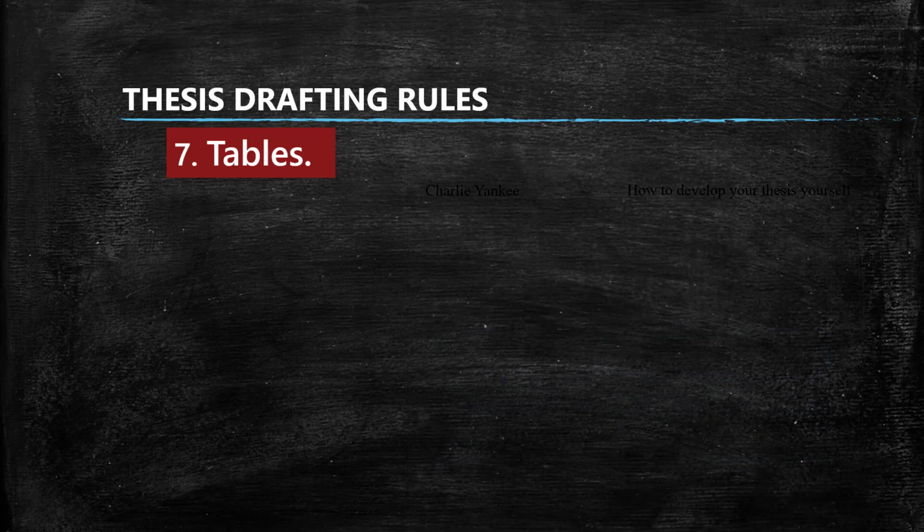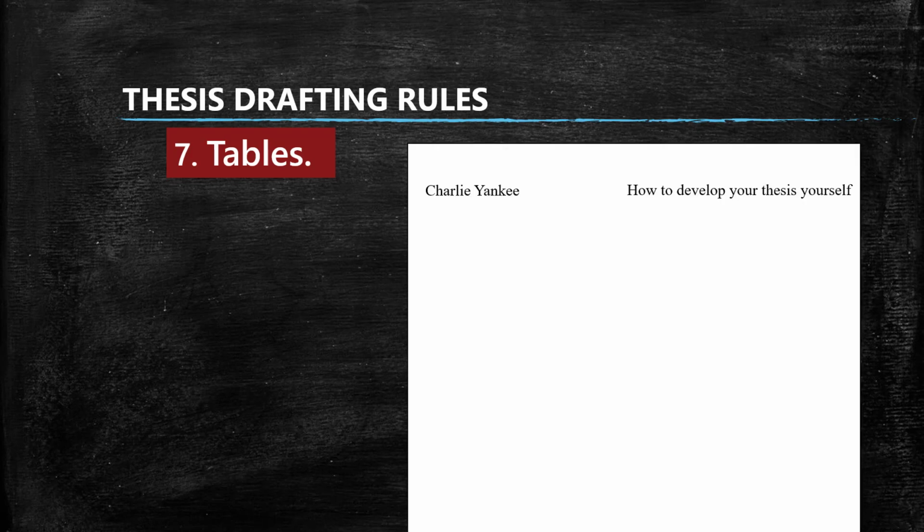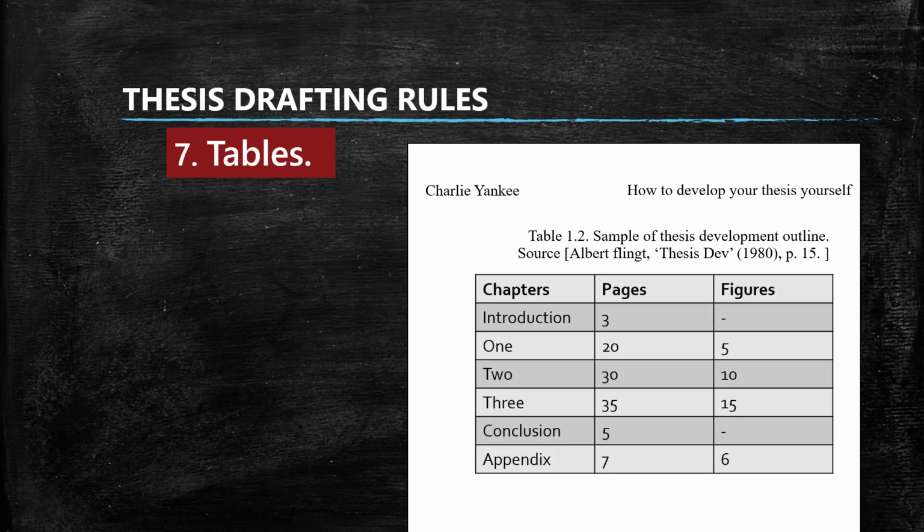In other cases where you need to show the source, you will have something like this: table 1.2, sample of thesis development outline, source Albert Flint, thesis dev 1980, page 15. Then you insert the data you want in the table and align it to the center of the page.